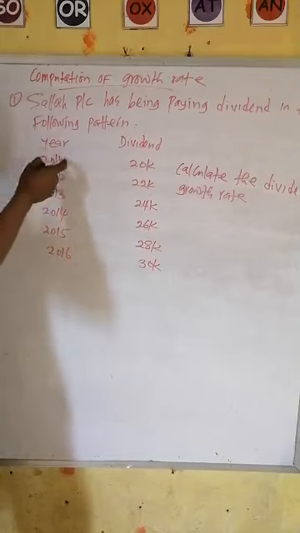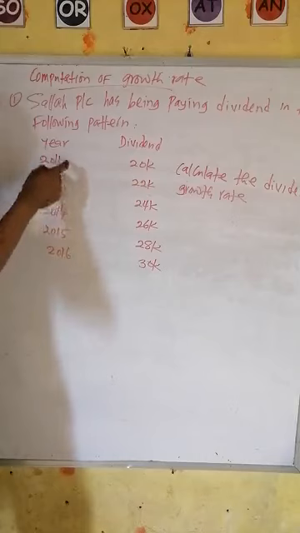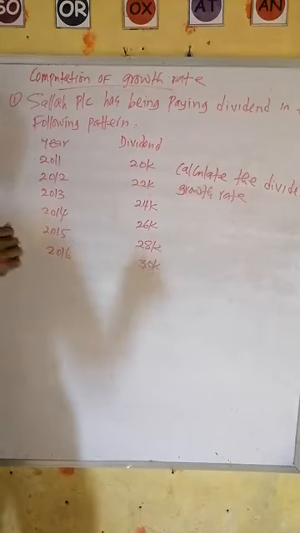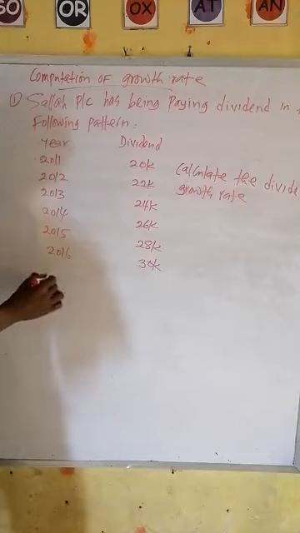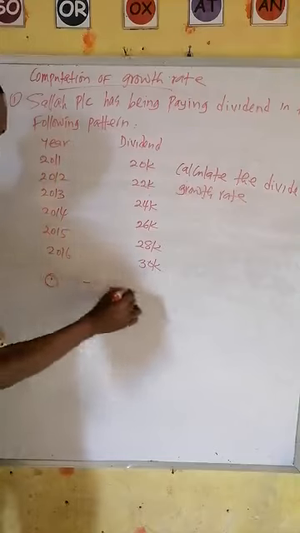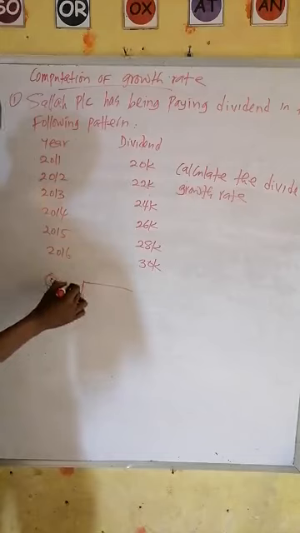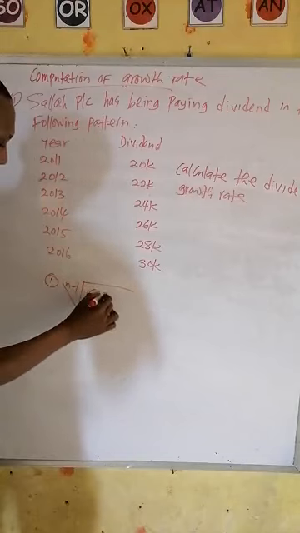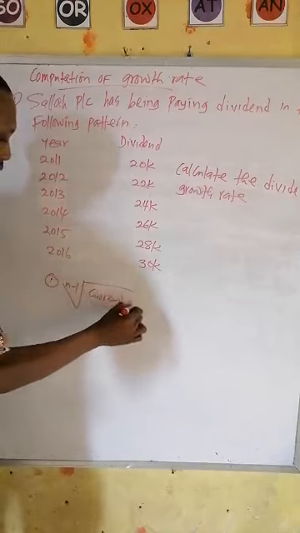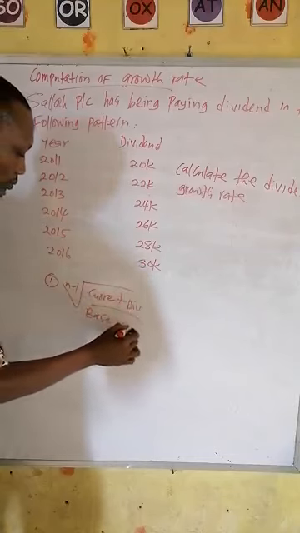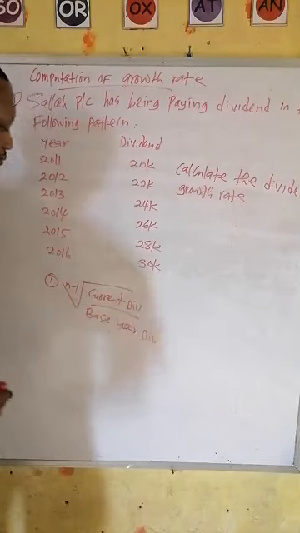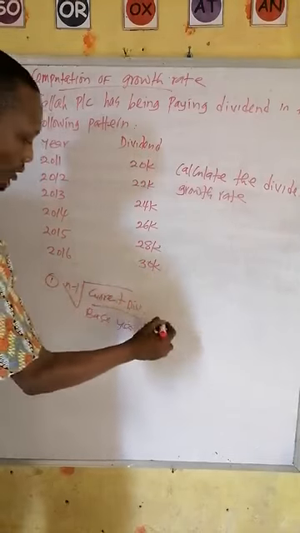Why? Because we have a number of years given to us in this question. Look at the formula given to us under the dividend valuation model. These are the two formulas we have. Formula 1: the n-th root of current dividend over base year dividend, everything minus 1.